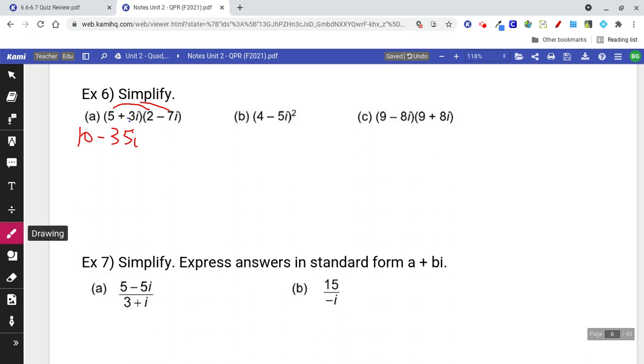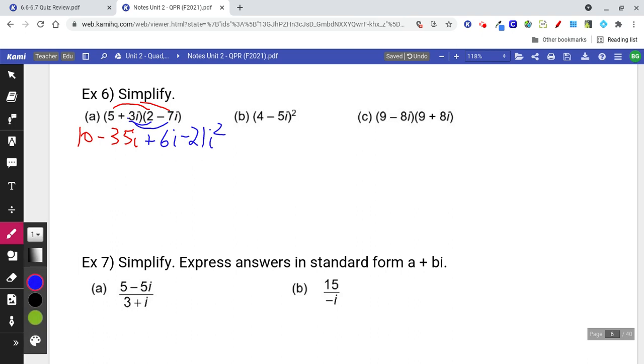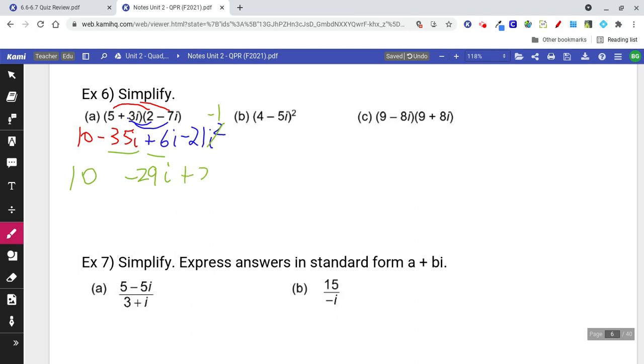I'm going to distribute the 3i and get plus 6i minus 21i squared. So we've got like terms. Negative 35i plus 6i is negative 29i. And i squared is negative 1. So you're going to have negative 21 times negative 1 is plus 21.